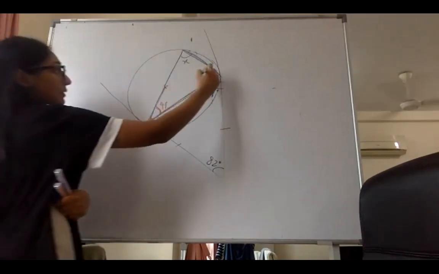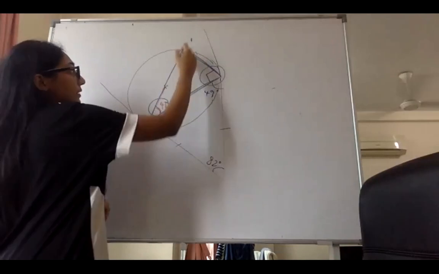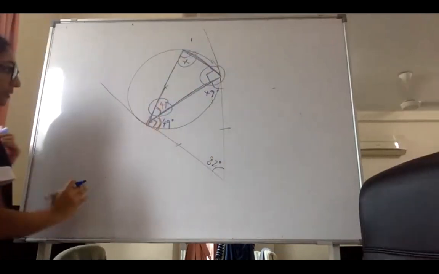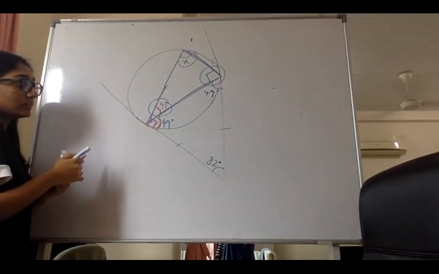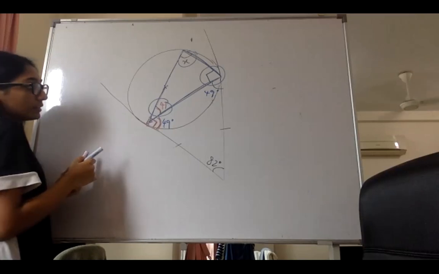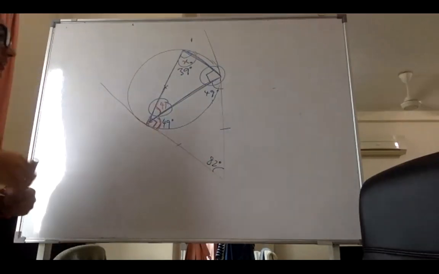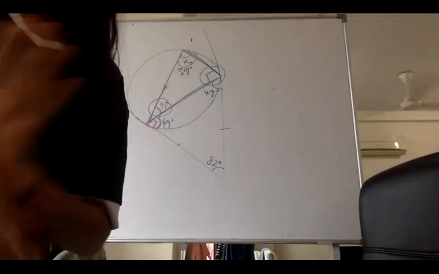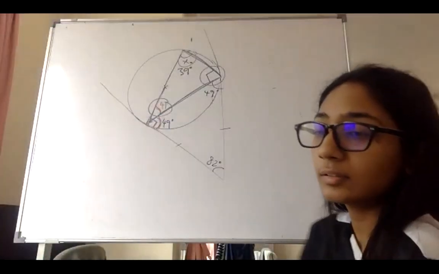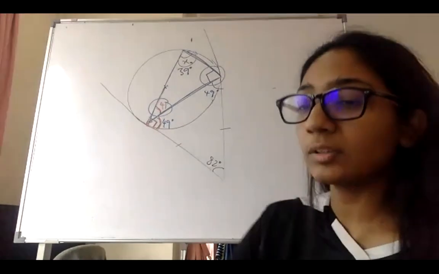This is 90. So if this is 90 and this is 41, what is x? 49. So x is 49 degrees.